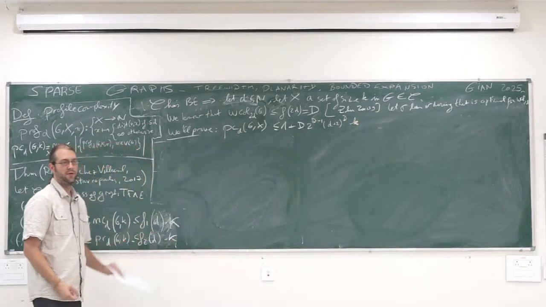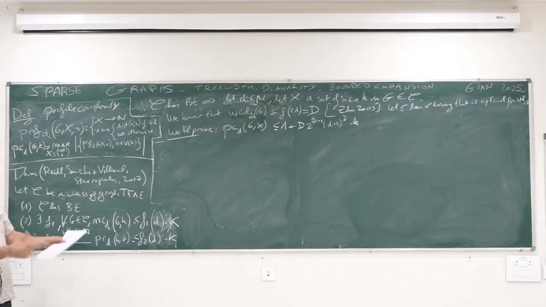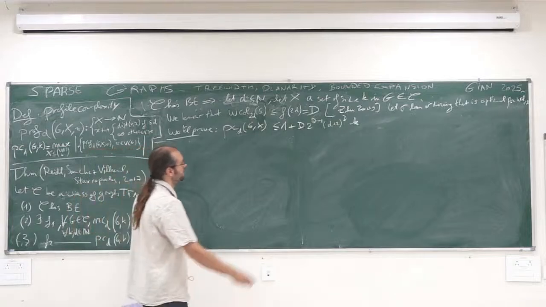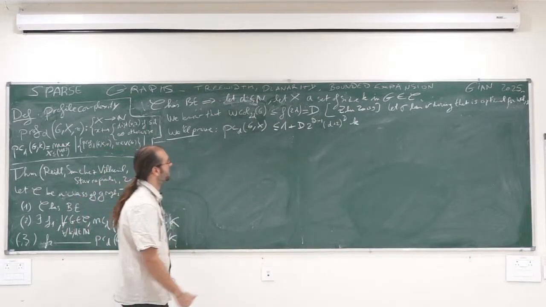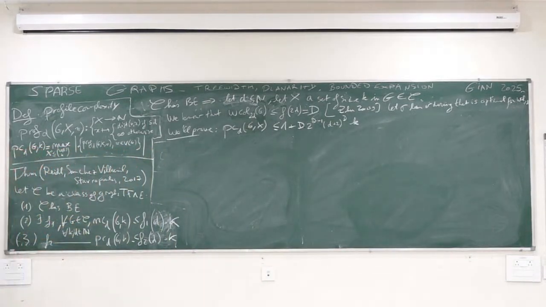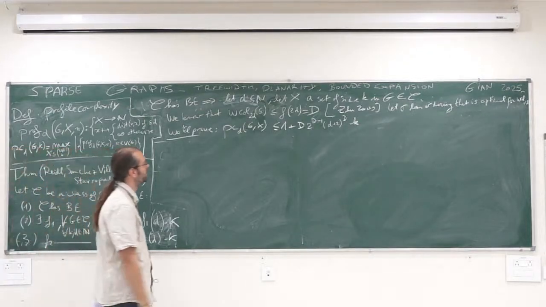Some exponential number in capital D. Capital D might be itself exponential in little d, but it only depends on D. So that function will look something like that.